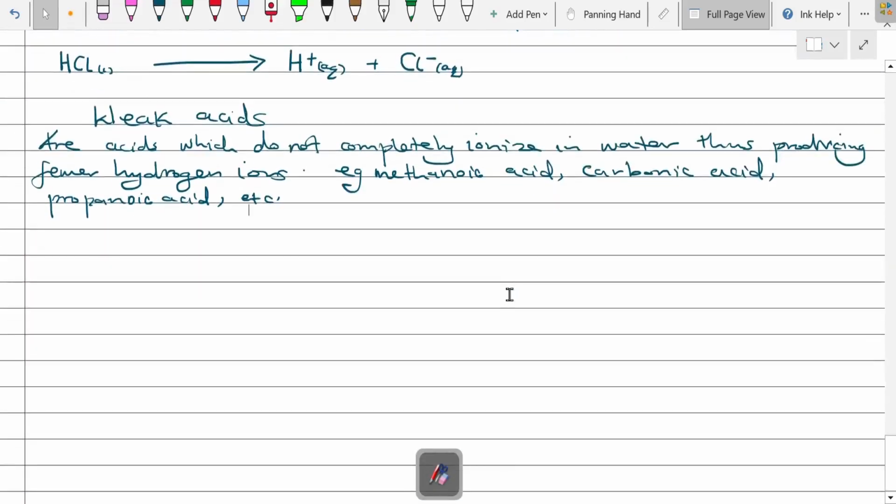So we can use methanoic acid as an example. We can have methanoic acid. This is the formula of methanoic acid. Giving us the hydrogen ions. And the carboxylate group.